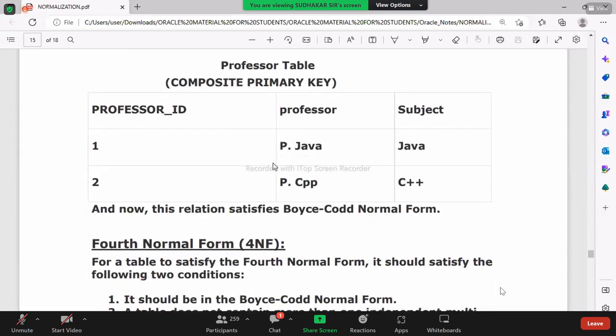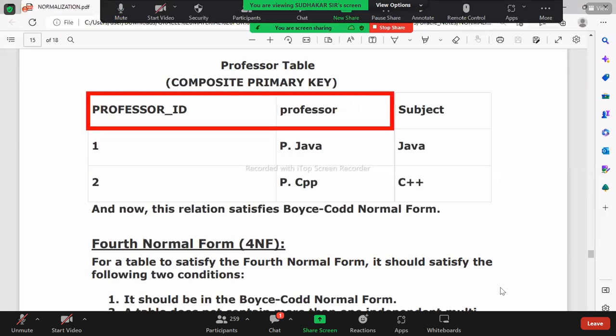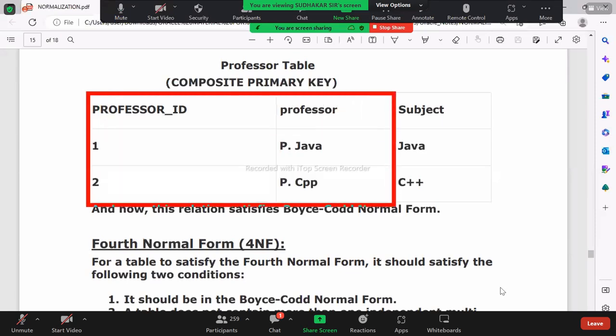Observe carefully. Now professor ID, professor and subject. I'm taking only two things. Professor ID and professor, what are these two? Composite. These are composite primary keys.